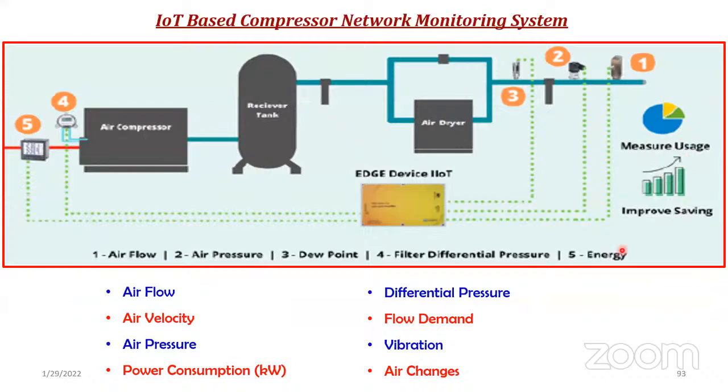Compressor monitoring system. Two or three persons are available for manufacturing online monitoring of the compressor, online monitoring of the furnace, online monitoring of the electrical system, online monitoring of the AC system. Now this is very important.